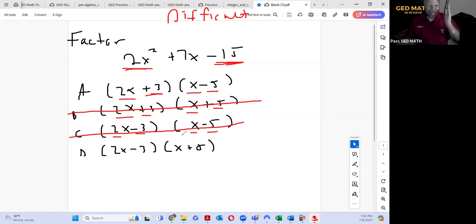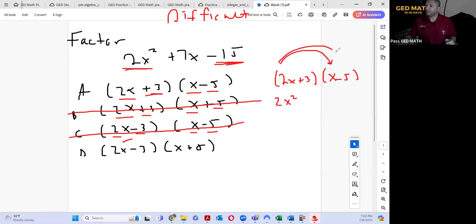Now we use multiplying binomials. This concept is at least 2 to 3 problems on your exam. You must know how to multiply binomials. So we have 2x plus 3 times x minus 5. 2x times x is 2x squared. 2x times minus 5 is minus 10x. 3 times x is positive 3x.